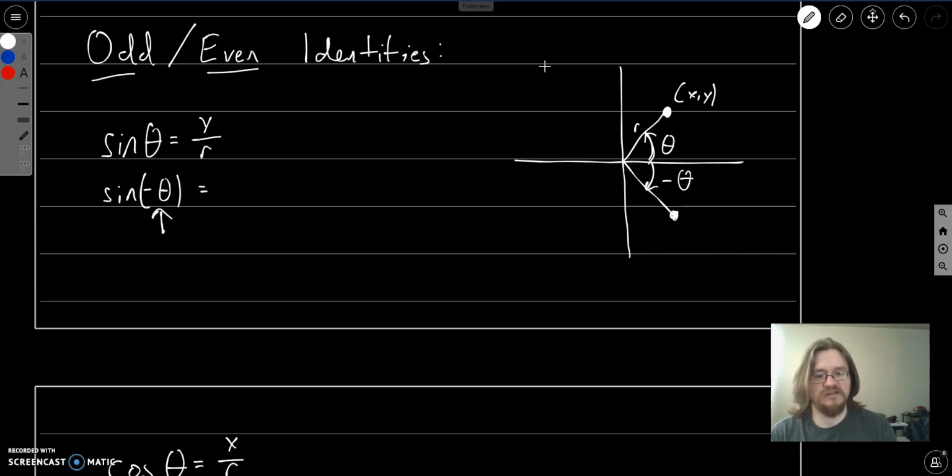Well, I might as well choose a point that's pretty much the exact opposite of this one. So we're still coming over this far. So the x value stays the same. We're still to the right the same amount. But now I've gone from above the x-axis, where I have a positive y, to below the x-axis, where I have a negative y.